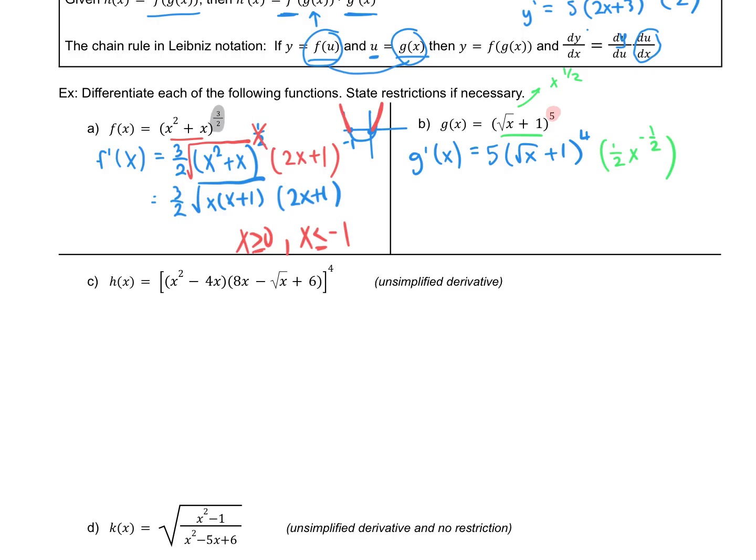If I want to clean this up a little bit to see my restriction better, I'll keep the first part in the numerator, the 2 and the root x goes in the denominator. If I wanted to rationalize this, I can multiply top and bottom by root x. Regardless, I can see that my restriction is x has to be greater than 0.